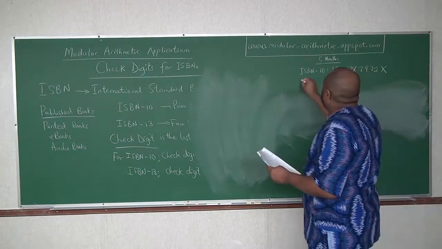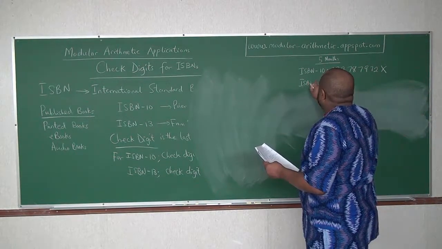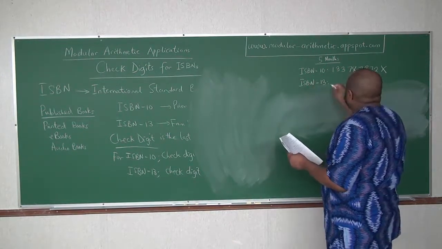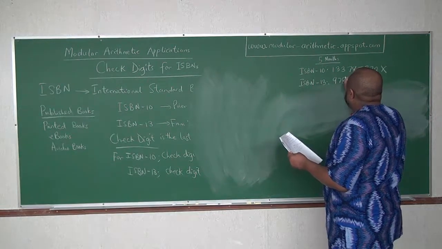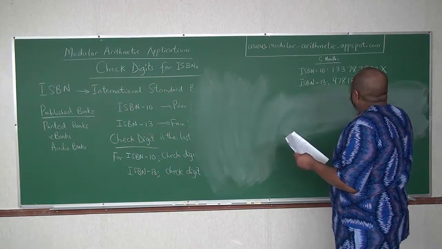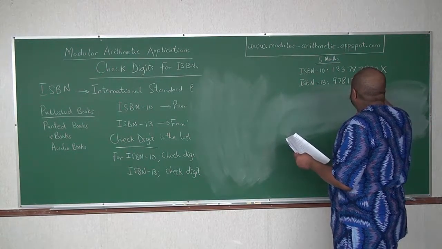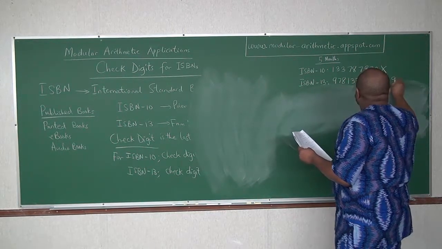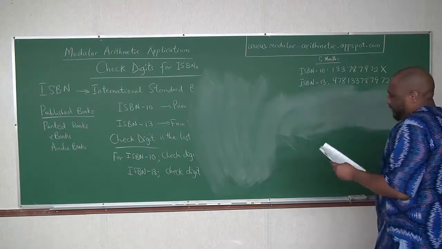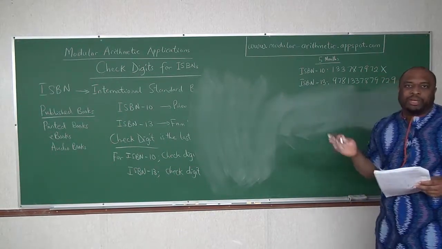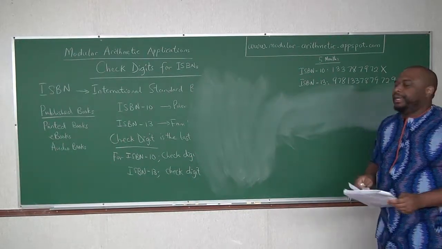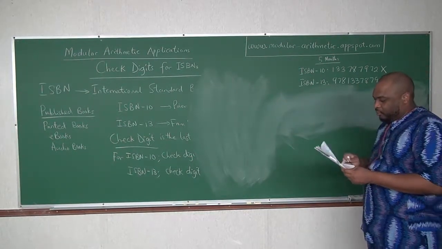And then the ISBN-13 is 978-133-787-9-729. Okay? So we will do an example with this one, at least you see the X, so you see how we do it. And then I will do the next one.